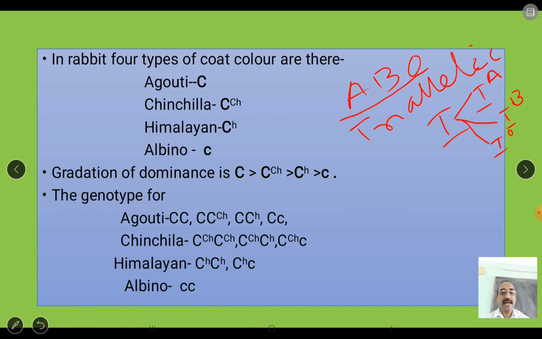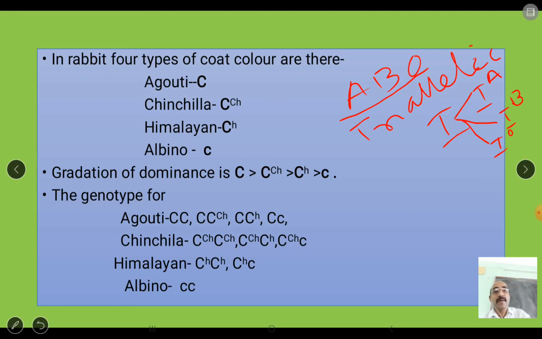Now, these 3 alleles are located on the same locus on homologous chromosomes, but a person can have only 2 of the 3 alleles at one time.